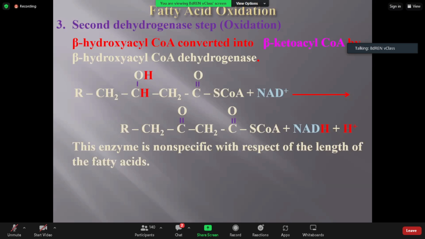If it is a short chain fatty acid, the enzyme required to convert this compound to beta-ketoacyl coenzyme A may not act on the long chain fatty acid. আমরা সাধারণত দেখে থাকি যে কিছু কিছু এনজাইম আছে যে এনজাইমগুলো আসলে লেন্থের উপরও স্পেসিফিক হয়ে থাকে। দেখা যাচ্ছে যে শর্ট চেনের জন্য এক প্রকারের এনজাইম হয়, মিডিয়াম চেনের জন্য একরকম হয়, লং চেনের জন্য আরেক রকম হয়। But in this case this enzyme is very much non-specific. চেন যত বড়ই বা যত ছোটই হোক না কেন, এই এনজাইম যে কোনো লেন্থের ফ্যাটি অ্যাসিডের এই অংশের উপরে রিয়াকশন করতে পারে বা ক্যাটালাইজ করতে পারে.